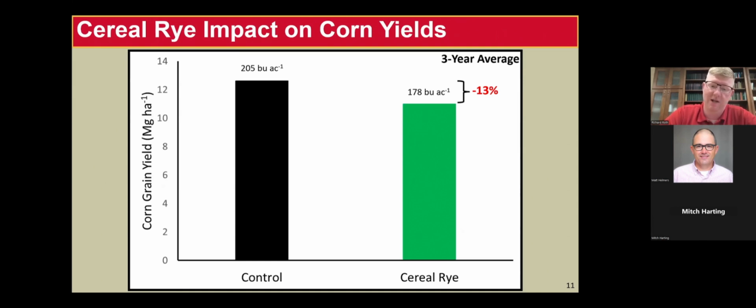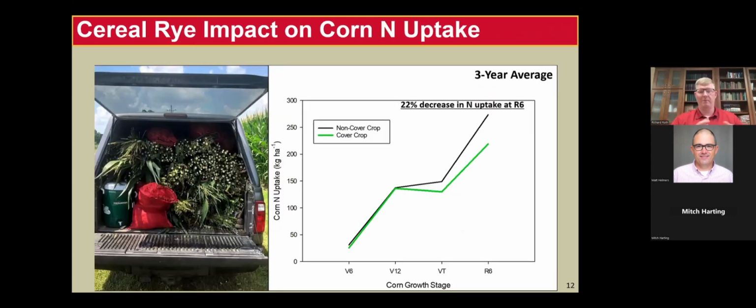And so luckily we had the foresight to sample the corn plants across different growth stages. So what we did is we went out at the 6-leaf, 12-leaf, tasseling, and maturity stages for the corn, and we took whole plant samples.